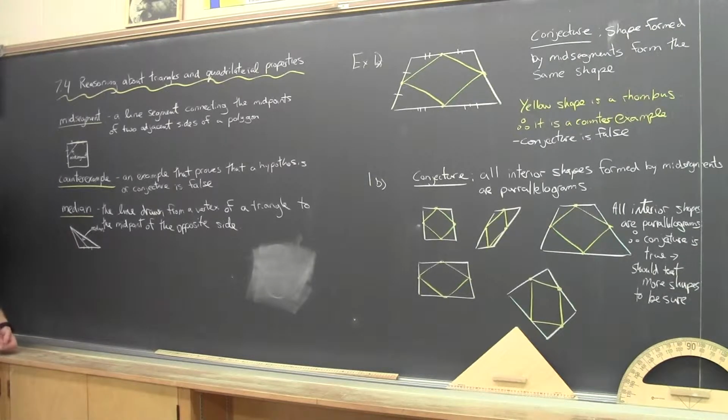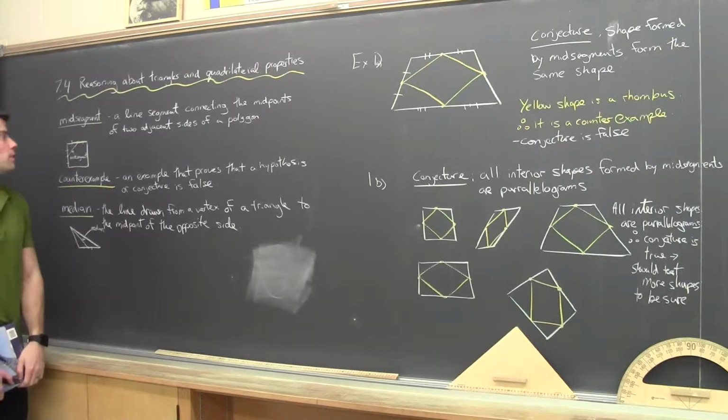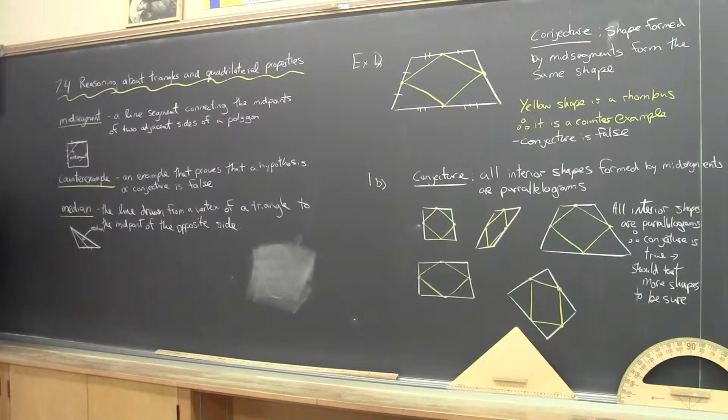There's 3 definitions in this section of the textbook. First one is a mid-segment. It's a line segment connecting the midpoints of 2 adjacent sides of a polygon. So what that means is, if this is our polygon here, we see a square. It connects the midpoint of one side to the midpoint of another side.